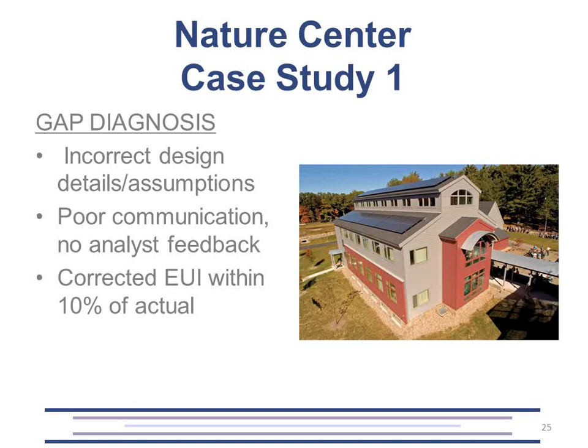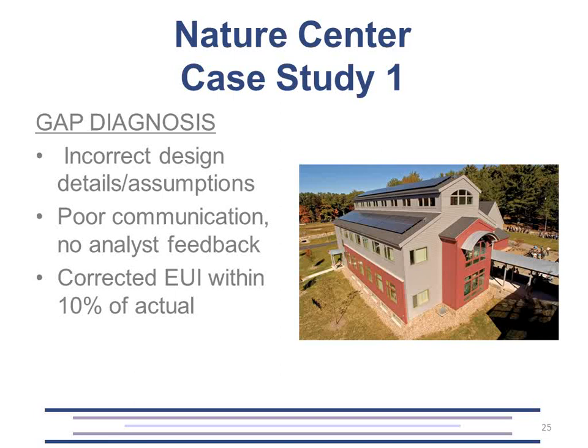So what was the gap diagnosis here? We can start with incorrect design details or assumptions. Obviously, if we're going to design this system, we would have an understanding that having that water table knowledge is pretty critical. Nothing else is really going to work without that knowledge. And it also could have been a bad assumption. In any case, that could be attributed to a design error. But there's also poor communication here.